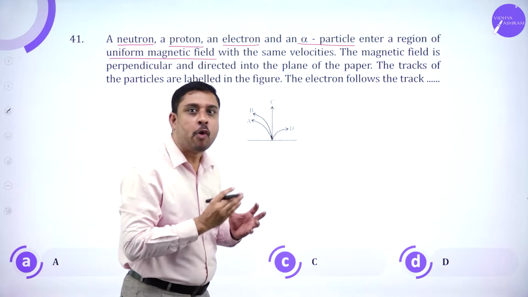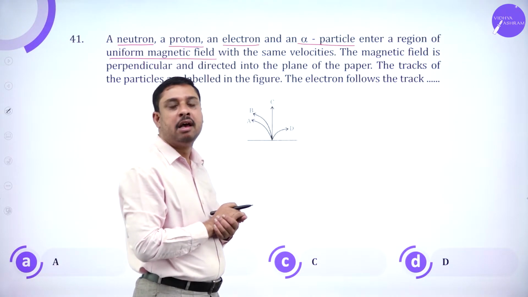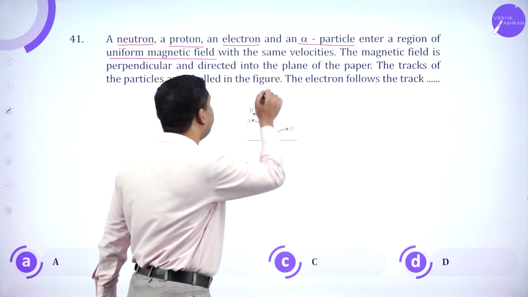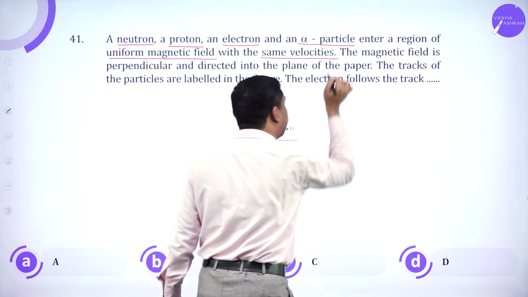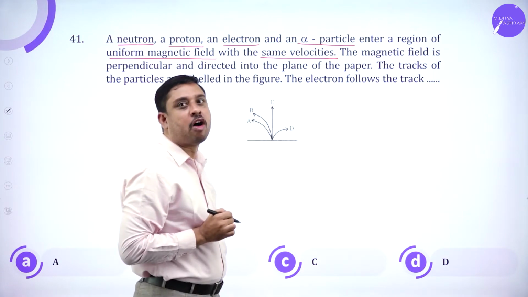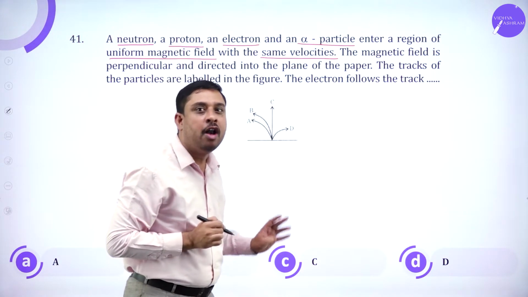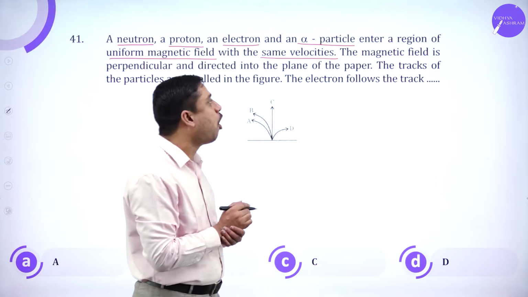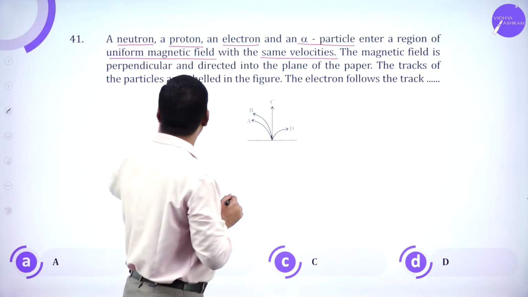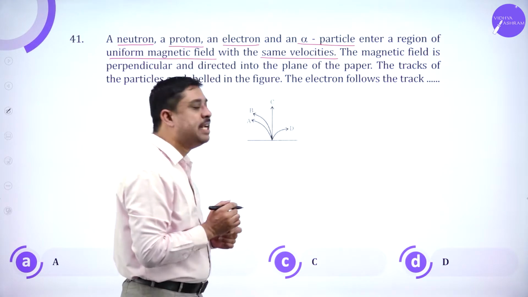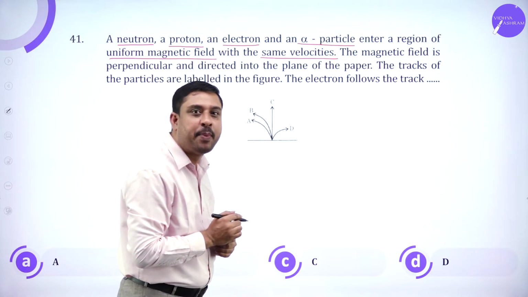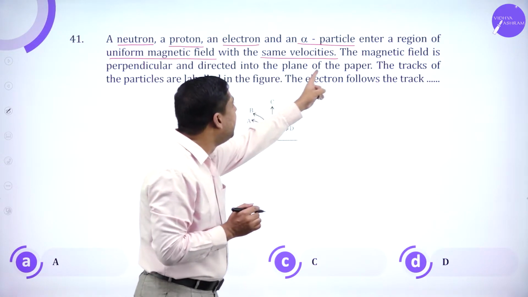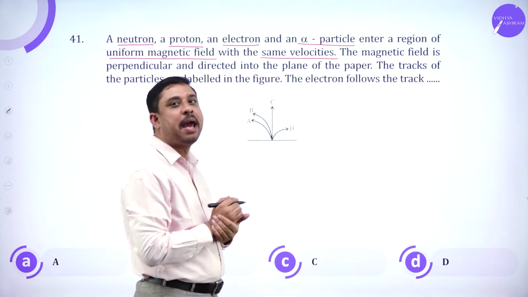These 4 particles are moving in a region of uniform magnetic field with the same velocities. The magnetic field is perpendicular and directed into the plane of the paper.